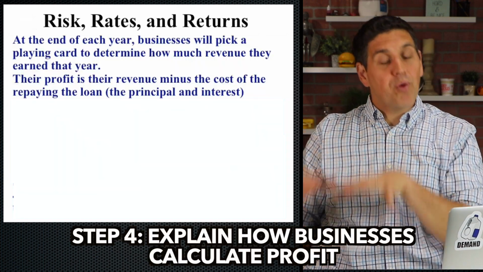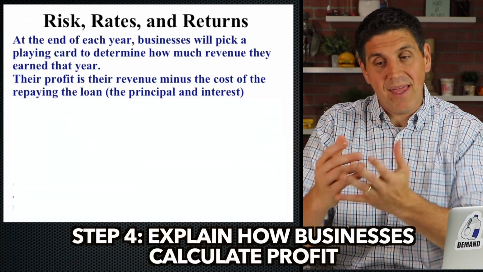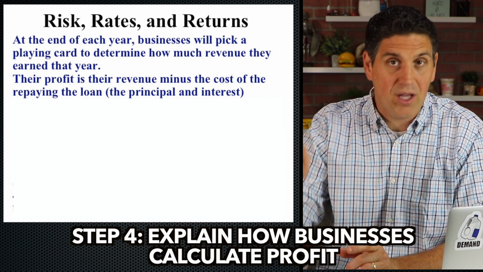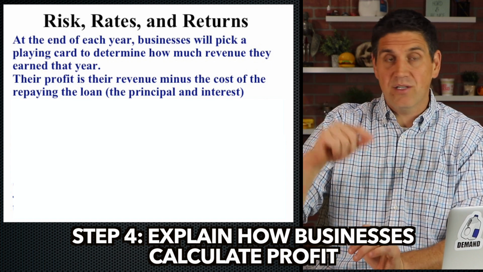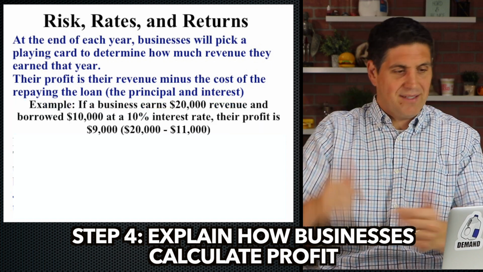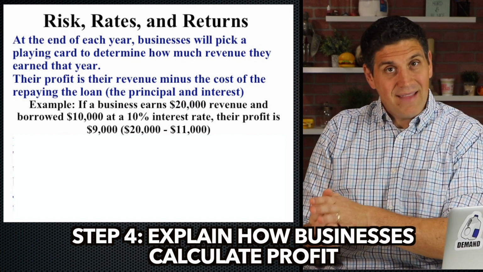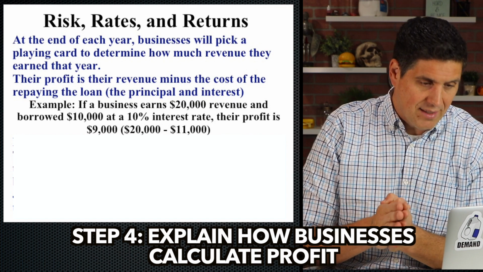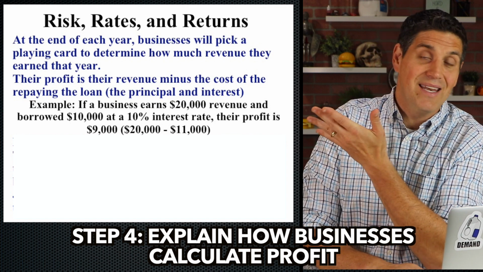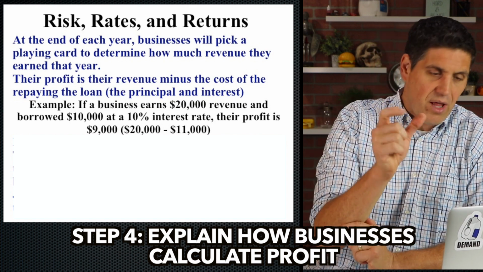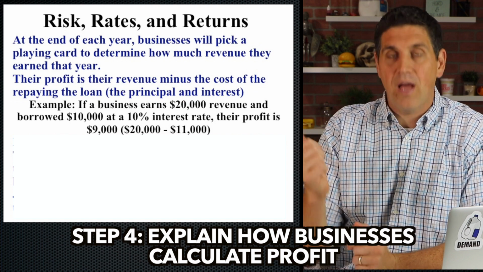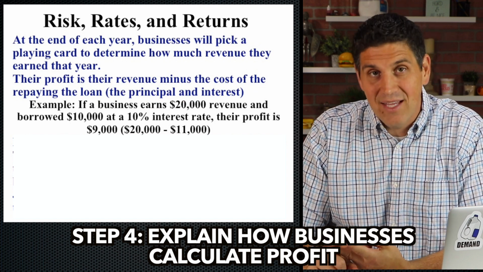So the business's profit is going to be the total revenue that they get based on the luck from drawing a card, minus the cost of taking the loan, right? In this case, it says if a business earns $20,000 of revenue and they borrow $10,000 at a 10% interest rate, then their profit is $9,000, right? $20,000 revenue minus $11,000 to pay off the principal and the interest on that loan.